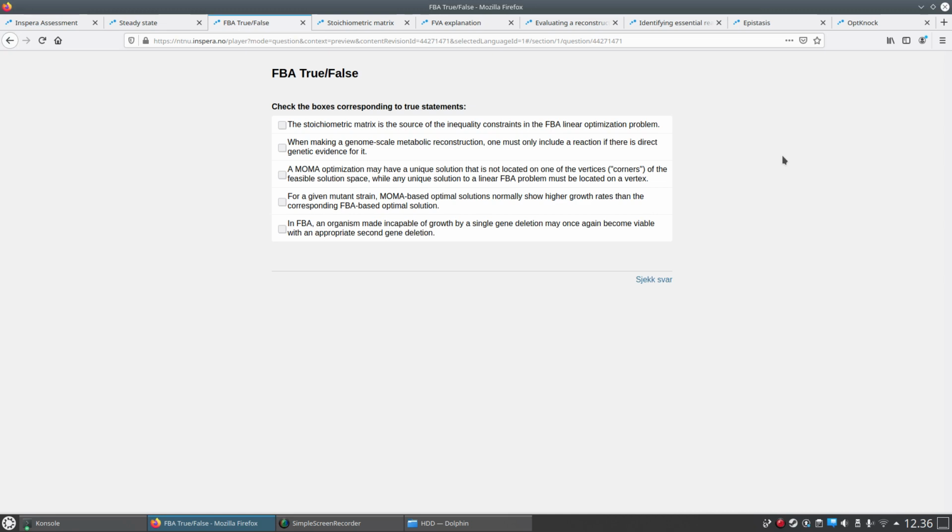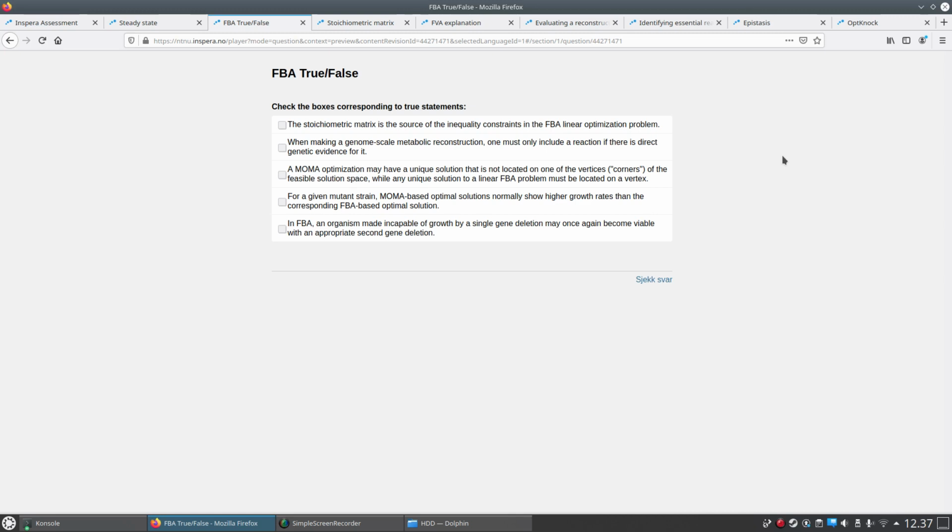You start with your genome and do your automated model reconstruction, and you'll end up with an incomplete metabolic system which is not capable of carrying fluxes that it phenotypically should be able to.